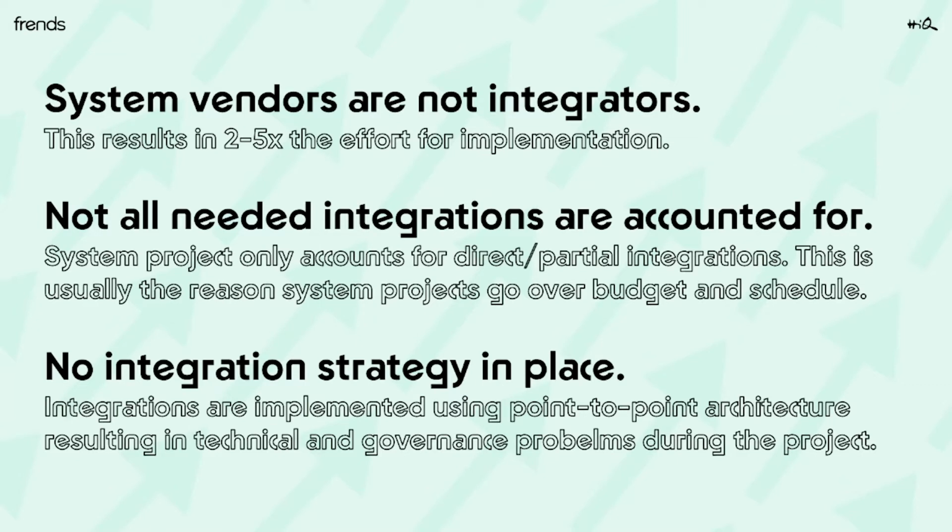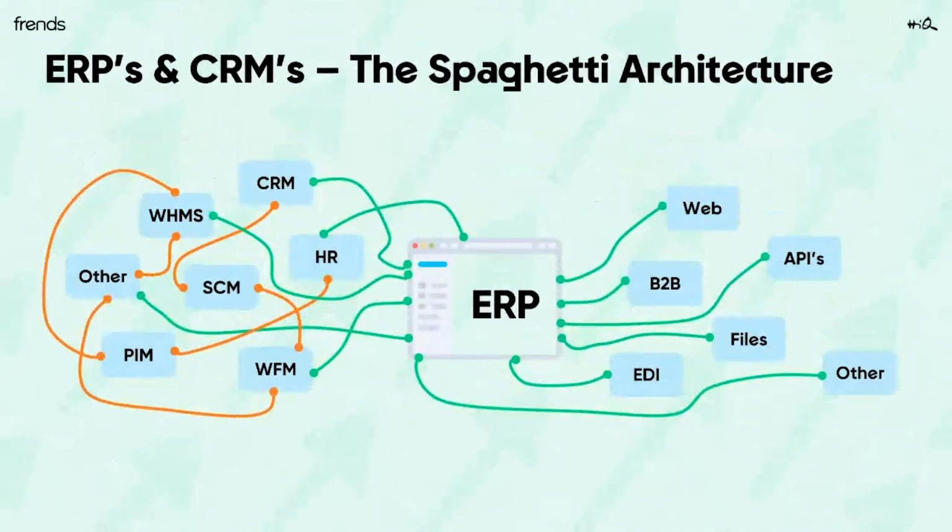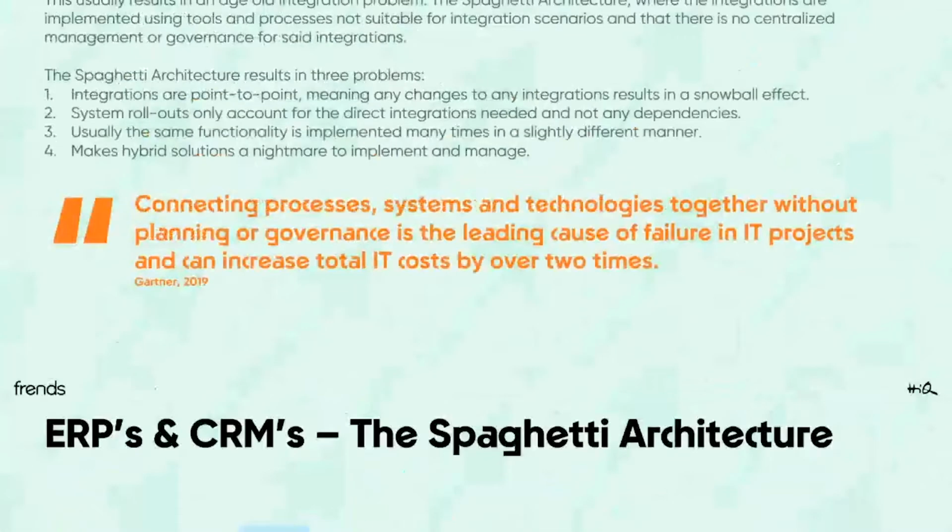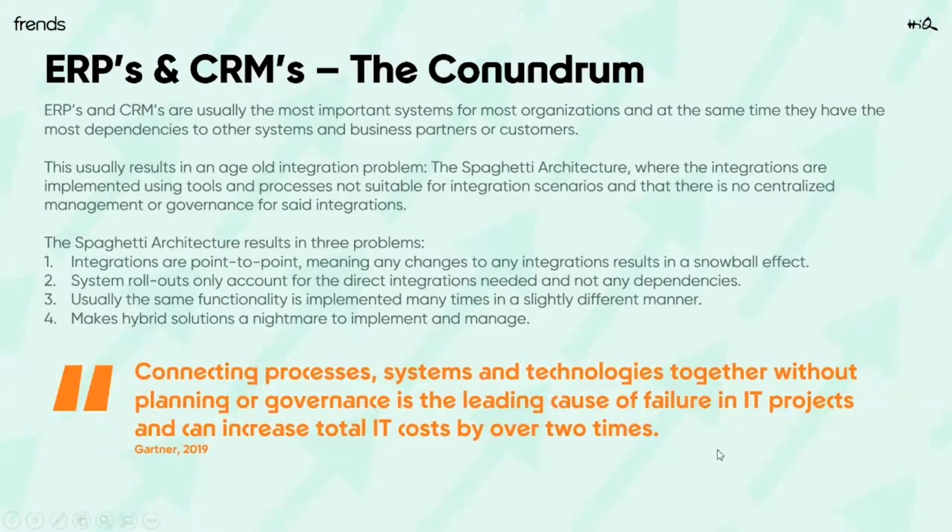The integrations are the main reason for that, because they have not been considered at the beginning of the project, and that results in this horrific end scenario that is the culprit for these projects usually going a little bit over budget, sometimes a lot over budget, and almost always being behind schedule.